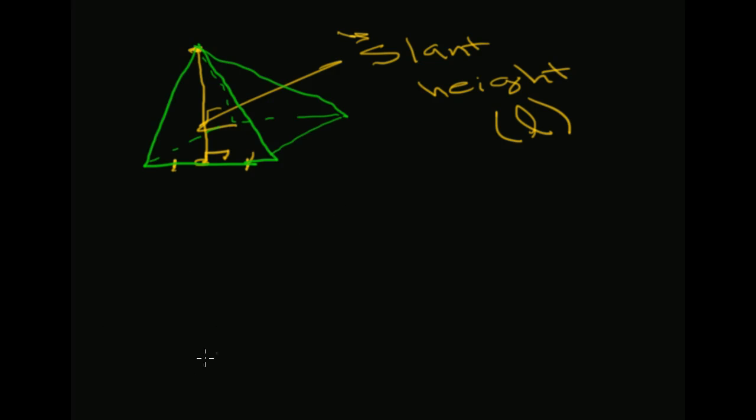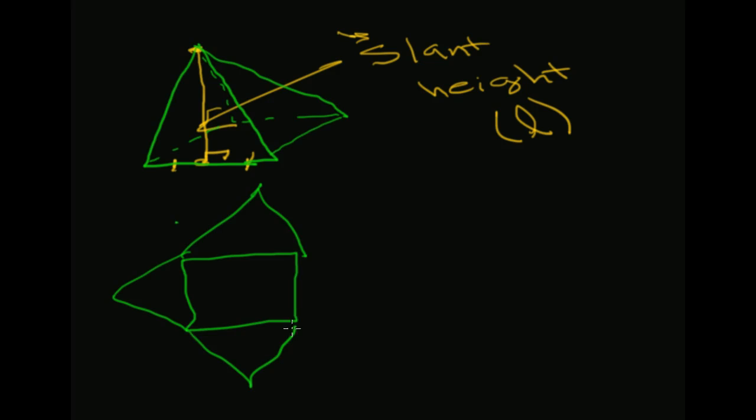Okay, so let's take a look at how I would find first the lateral and surface area of a pyramid. An easy way to visualize this is to try to pick apart the pyramid. If you did that, you would end up with a base and four triangles.